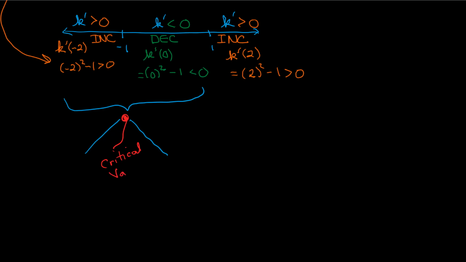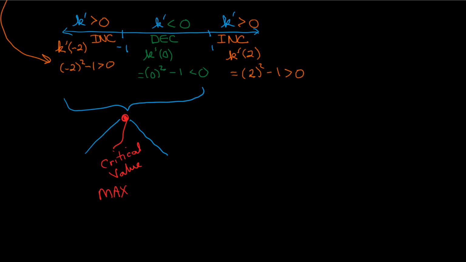This is called a critical value because the function is changing directions. It's changing from moving upward to moving downward. Now, as you can see drawn here by the blue lines, if you change from moving up to moving down, this is a max, a maximum point. That's why it's critical.